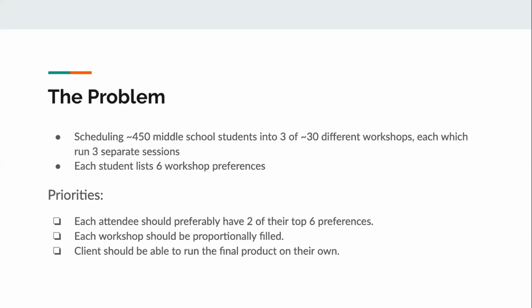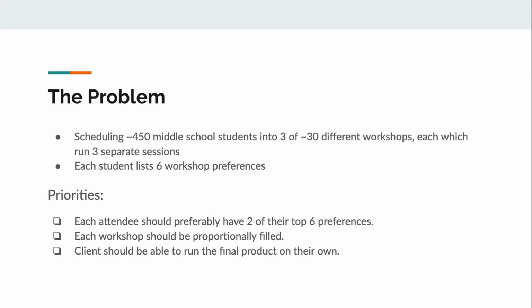Prior to last year, all of this was done by hand, which is kind of crazy to think about. So you can imagine all the time that can possibly be saved if we can automate this process. Some of our main priorities this year were to try to give each attendee 2 of their top 6 preferences.